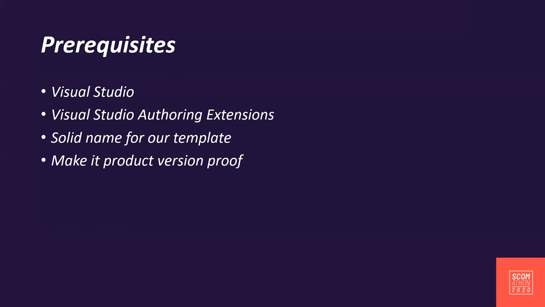For a solid name, I try to think about IDs that are easily replaceable using find and replace, which Ruud will show later on. But also try to avoid environment abbreviations like PRD, quality assurance, or test, unless you're going to deploy your template to a specific environment or a specific version.